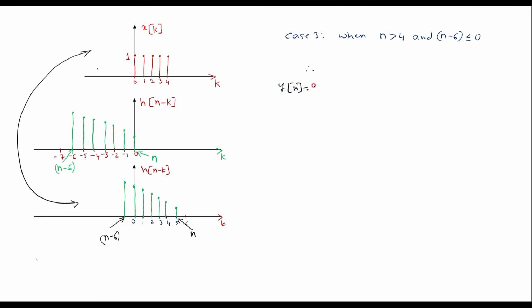y of n is equal to x of k, h of n minus k will be equal to alpha power n minus k for n greater than 4.